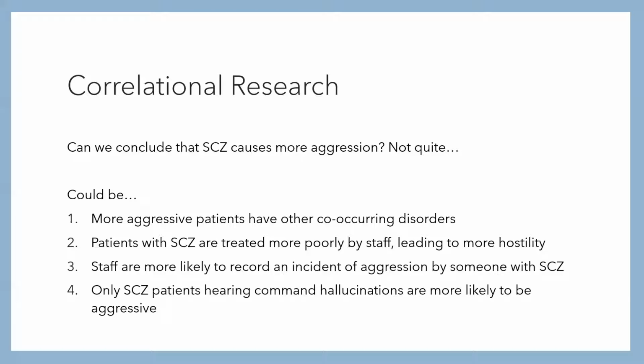And then we also didn't hold the environment constant. So a vast number of environmental influences like poor treatment by staff, or staff being more likely to record an instance of aggression for a patient with schizophrenia versus one without, could also be influencing our results.